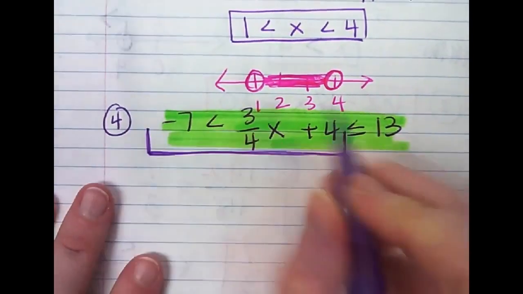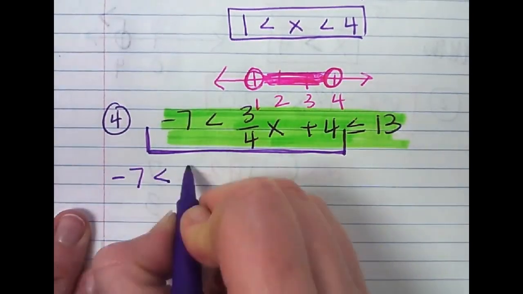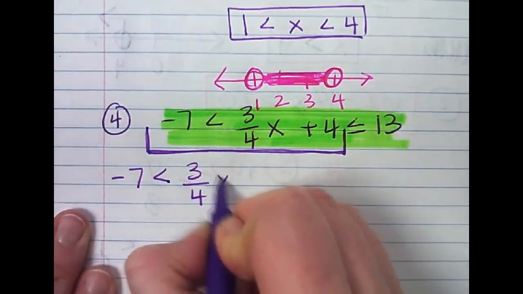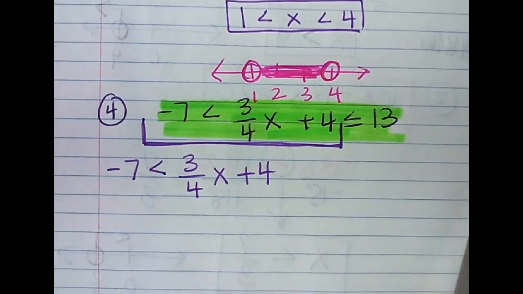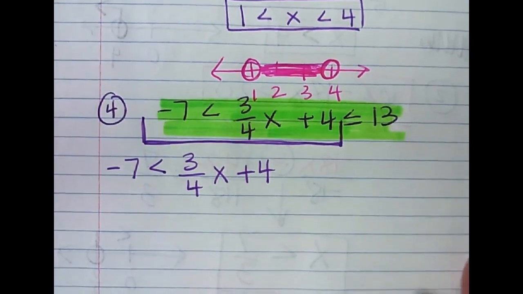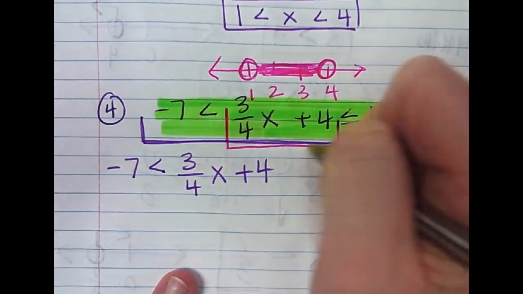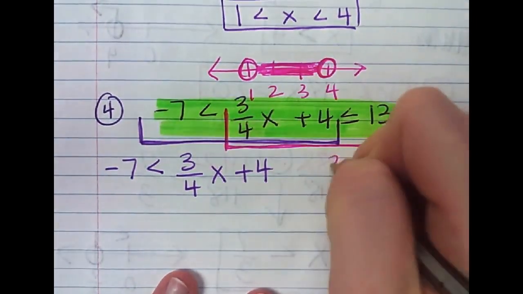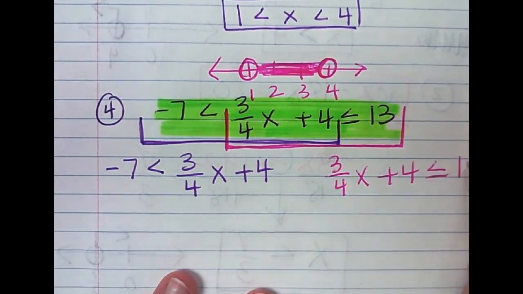So I take the left side with the middle. Negative 7 is less than 3/4 x plus 4. There's one side. And then I'm going to do the middle with the right side. 3/4 x plus 4 is less than or equal to 13.